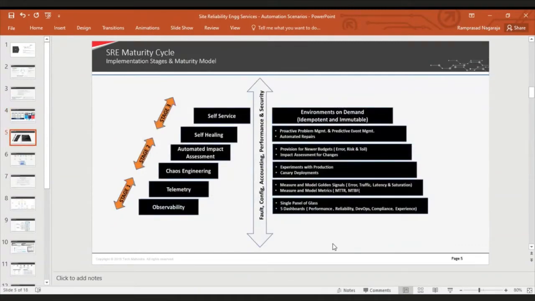So this is typically the automation stages that we follow.